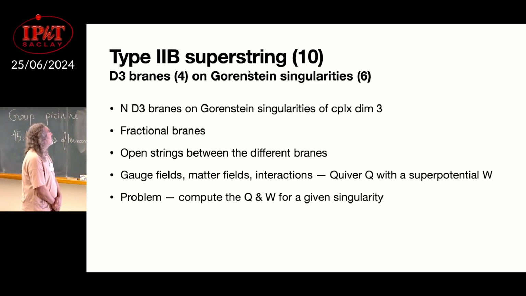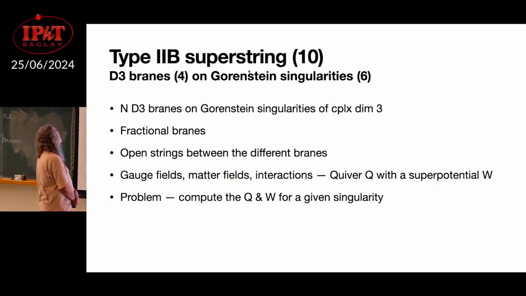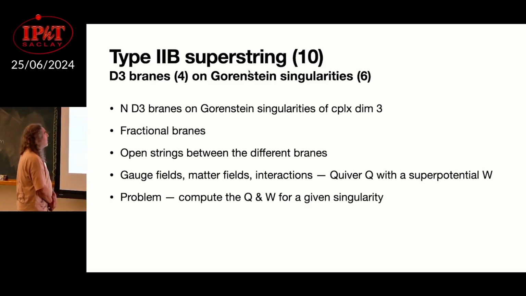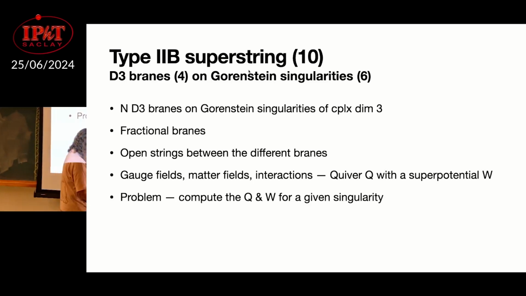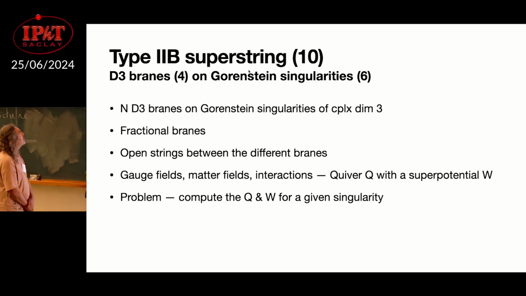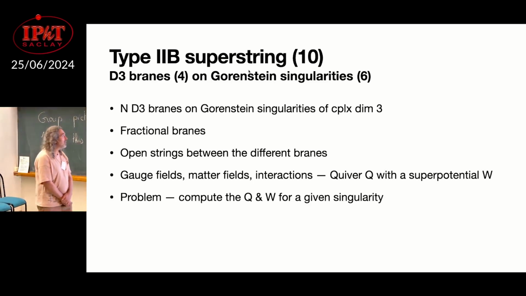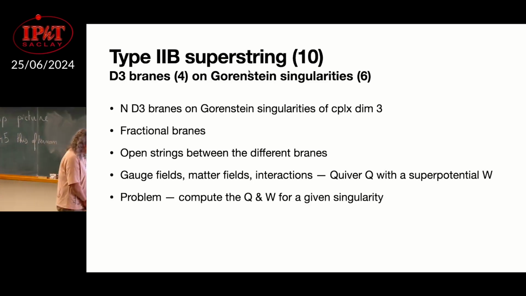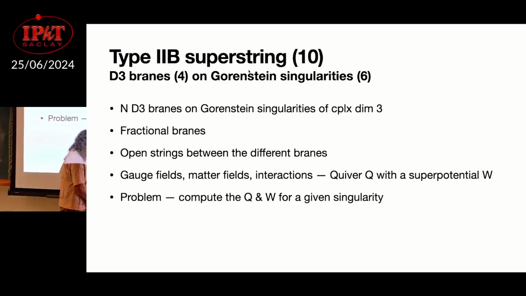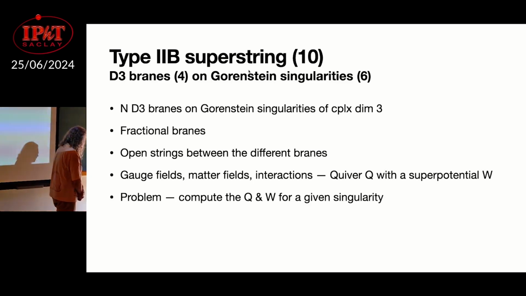So I have a type IIB superstring. It is in 9+1 dimensions. I take Dirichlet 3-branes. They occupy 3+1 space dimensions. And the remaining 6 directions I choose to be a Gorenstein singularity. And for us, a Gorenstein singularity will be a space of 3 complex dimensions.